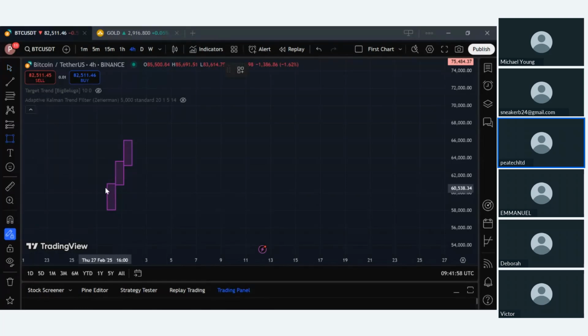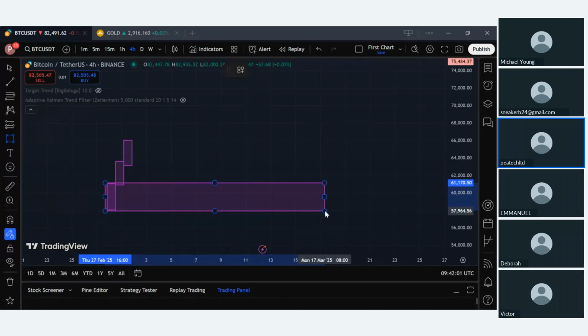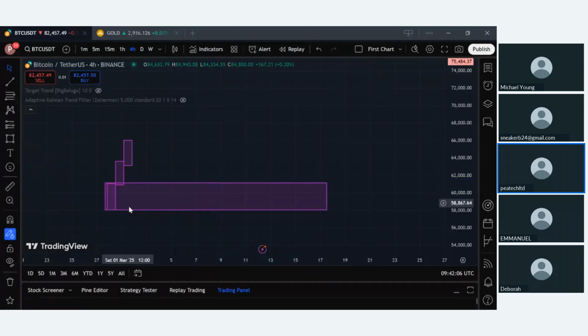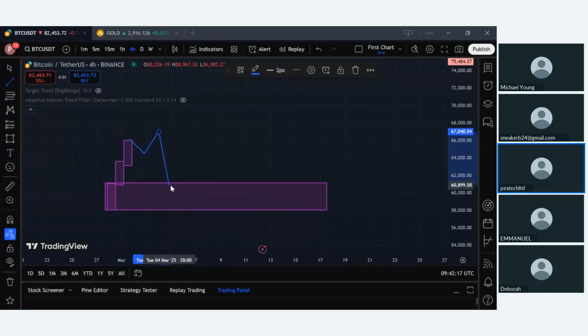So you are going to take whatever you use to mark and mark out this zone. This zone that started the move is the zone you are going to mark. When you mark this zone, you wait for the market to play out and come to this zone. It is when the market gets to this zone that you take your entry.